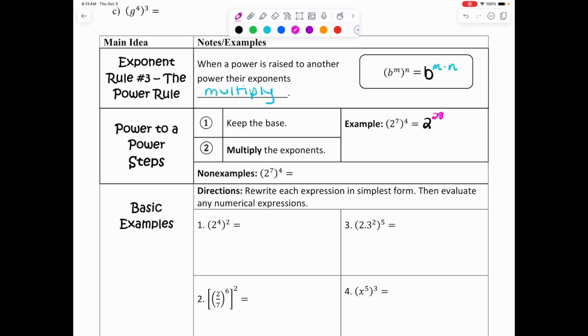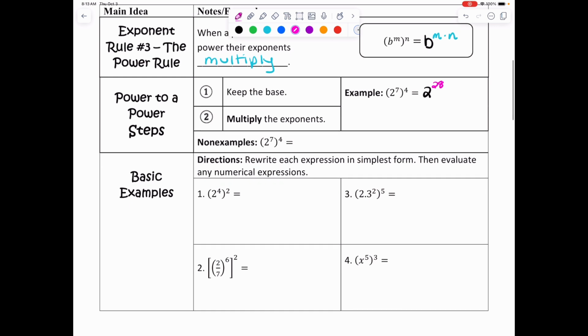So the biggest mistake that happens with this one for our non-example is we use the wrong rule because we think it's still the product or multiplying rule, and we do 2 to the 11th. We add our exponents when we're not supposed to, so we're going to slash that equal sign. Here we should be multiplying when it's power to a power.